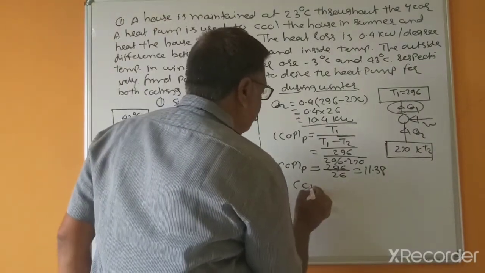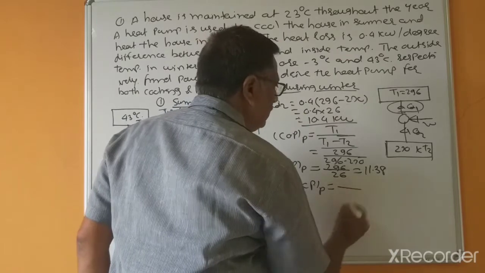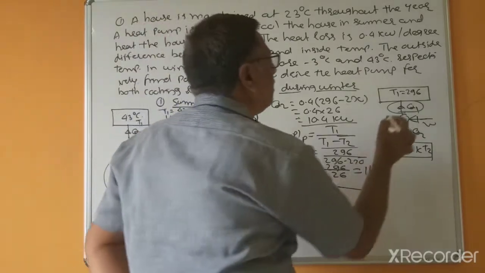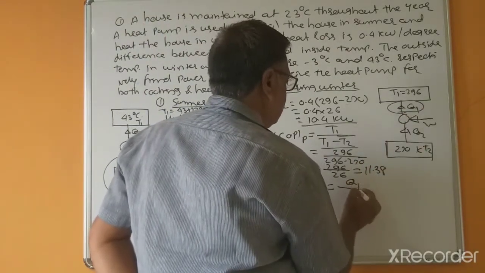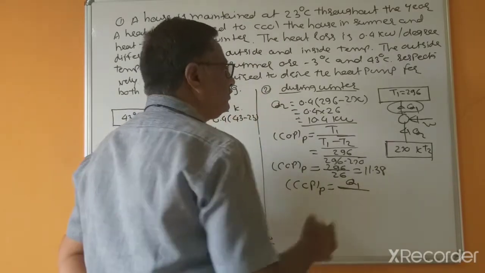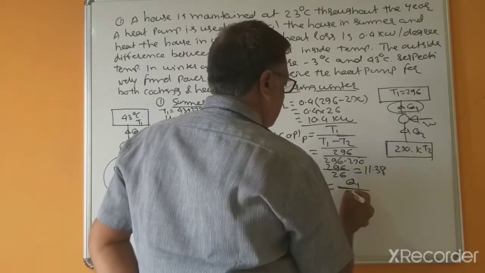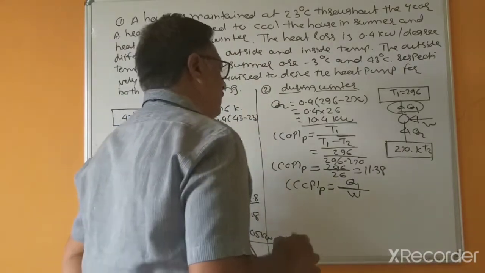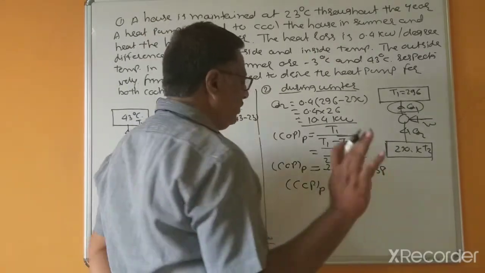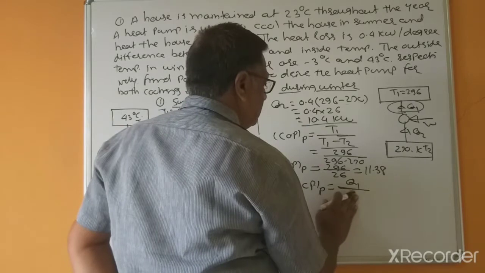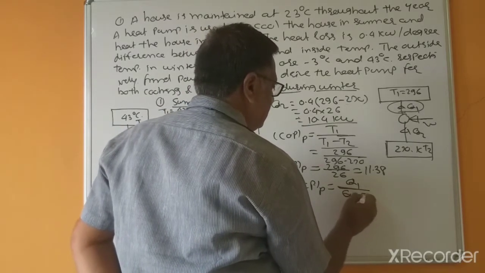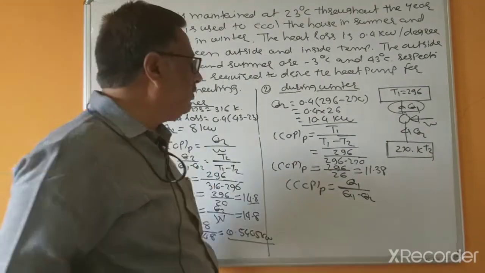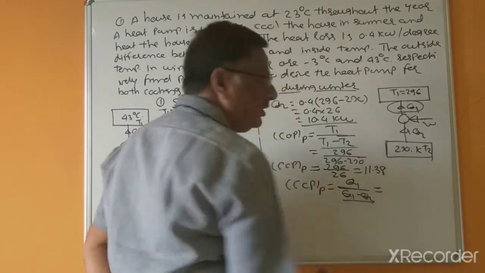Now another formula for COP of the pump: Q1 divided by work done. Now we don't know Q1, so we'll use this formula, because we know Q2, so we can calculate Q1, and after that we can calculate W, because W is nothing but this difference.